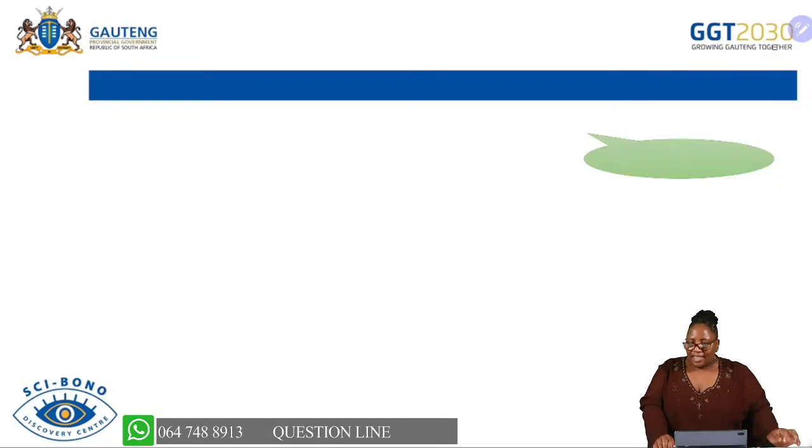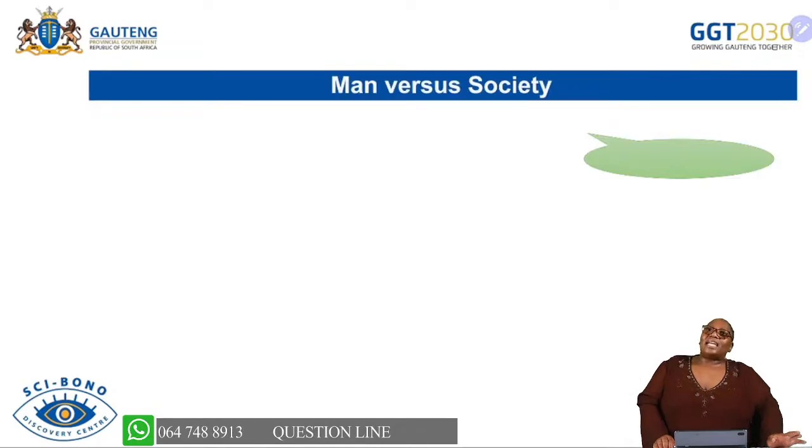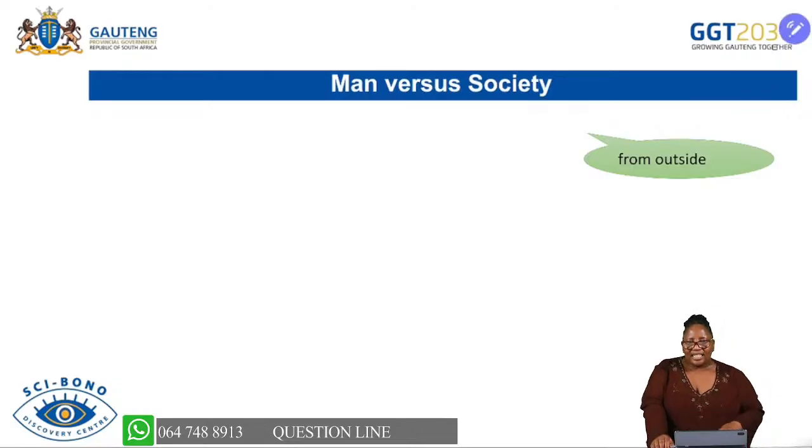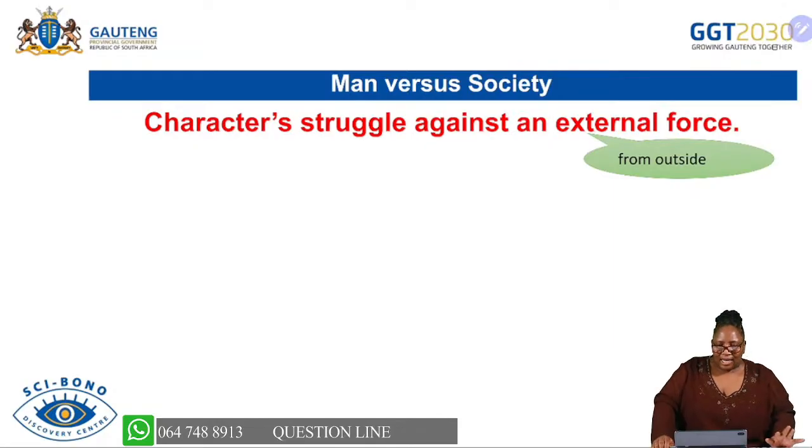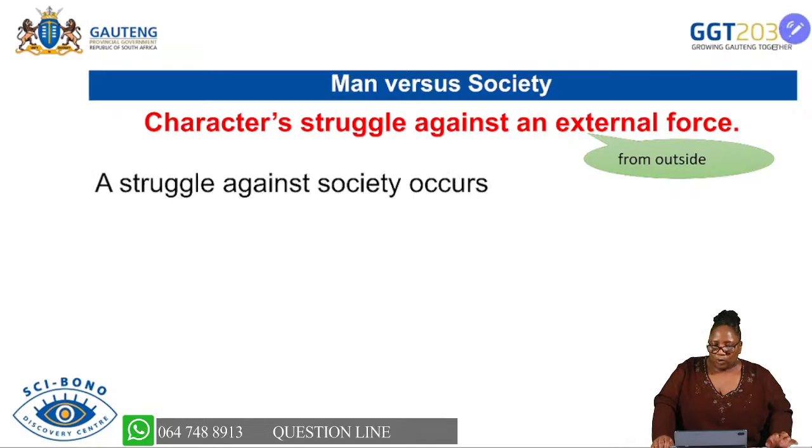Like in the story, Cry, the Beloved Country. At the beginning of the story, we see the people of Ndotsheni not in sync with the nature. And when they were not in sync with the nature, what happened to them? They moved from the rural Ndotsheni and they decided to go to Johannesburg to look for work. And that's that struggle, the external force.